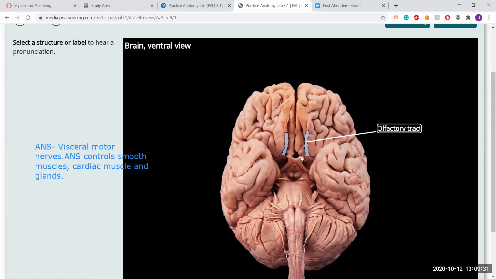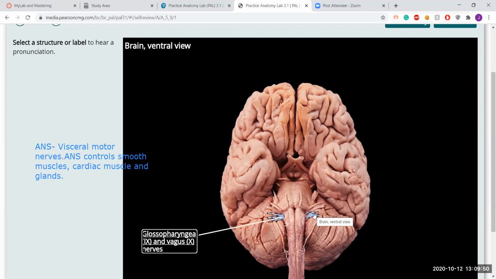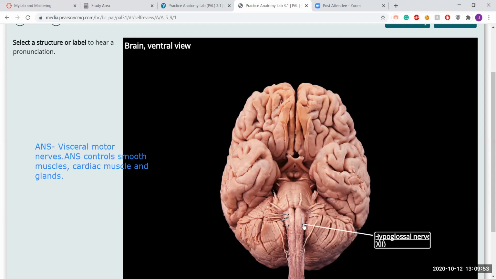This is olfactory. Here is optic. Then you have oculomotor, then trochlear, trigeminal, abducens, facial, vestibulocochlear, glossopharyngeal, vagus, accessory, and hypoglossal.